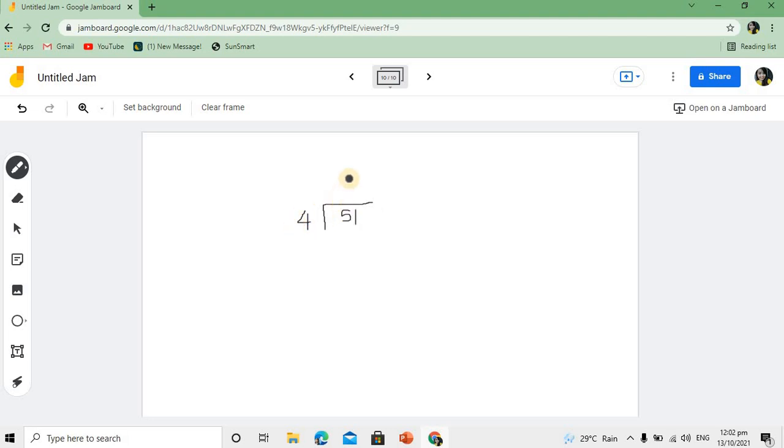So, 5 divided by 4 is 1. And then, 1 times 4 is 4. Diba? Then, subtract. 5 minus 4 is 1. And then, bring down 1. 11 divided by 4 is 2. And then, 2 times 4 is 8. 11 minus 8 is 3.